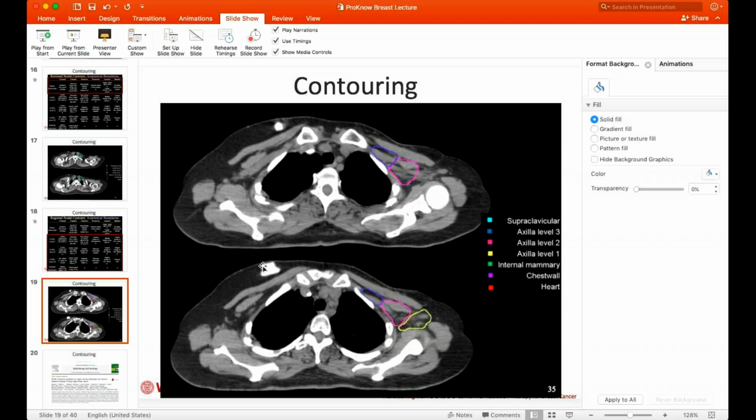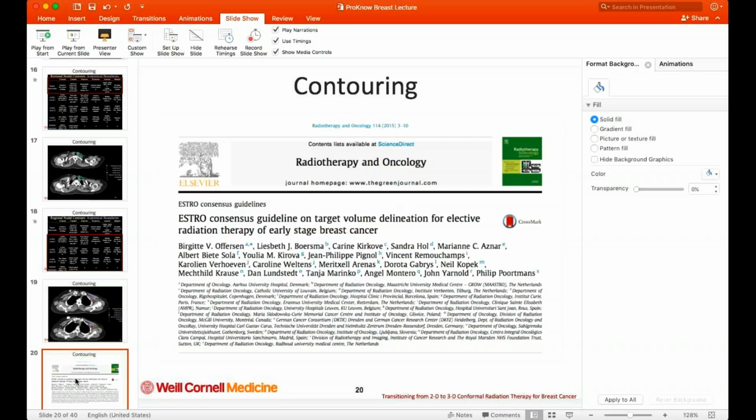Okay. So there are other sources that you can use for delineating the breast, the axilla, and the internal mammary lymph nodes. ESTRO, the European Society for Therapeutic Radiation Oncology, has also put out a publication.